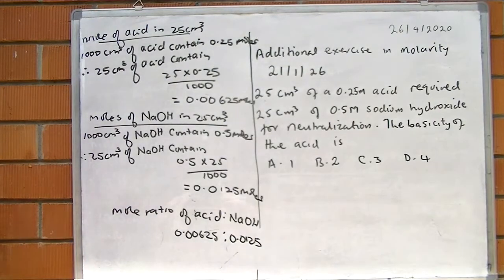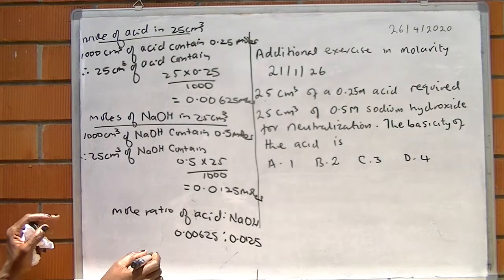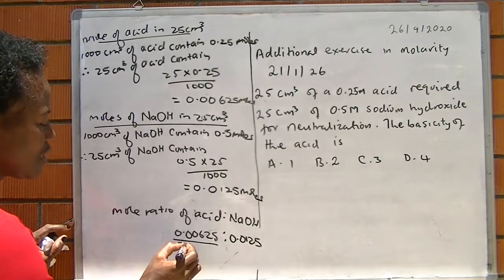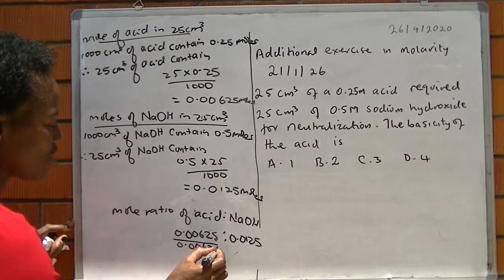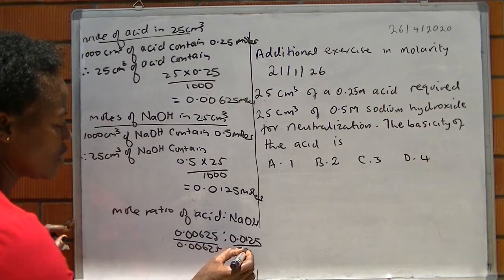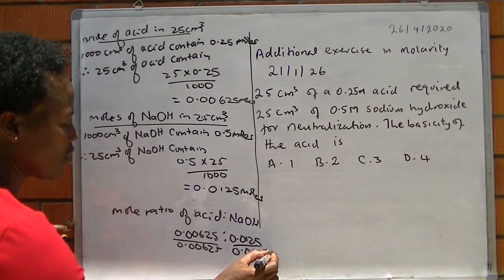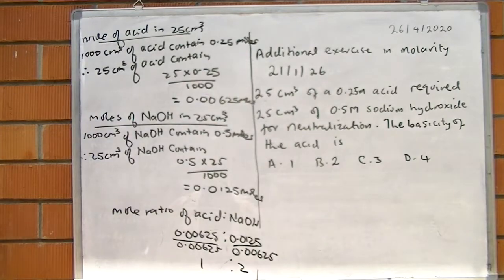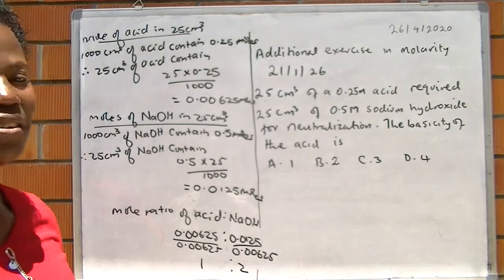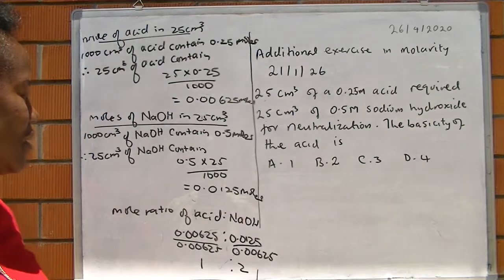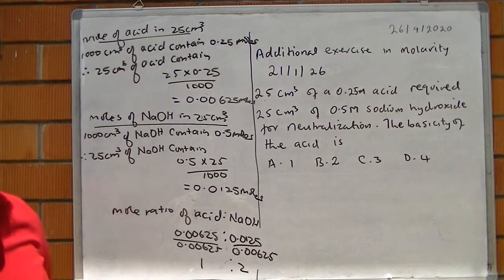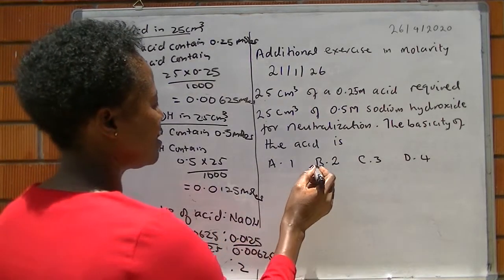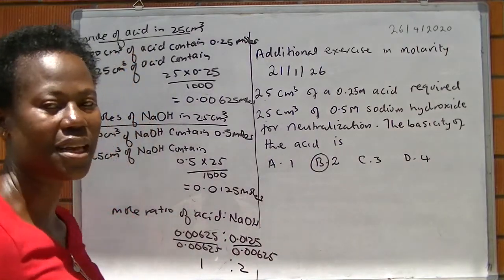We divide by the smallest, and the smallest is for the acid, which is 0.00625 and 0.00625, which is equal to 1 to 2. So always you have to get the value that is under the base, which is 2. So the basicity of the acid is 2, and our answer is B.